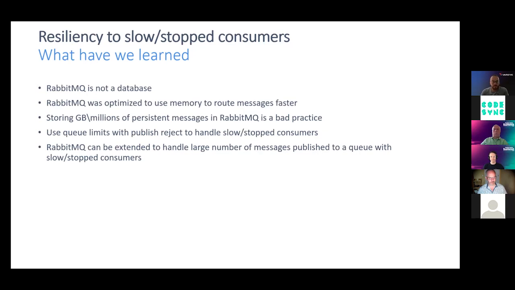But this is not enough, because if you limit the queue and you use, for example, publish rejects, you can tell the client, all right, the queue is full, stop publishing. You're going to overload the queue. I'm not a database, please stop. But what should the client do in that situation? The client has to decide where it's going to store the message.